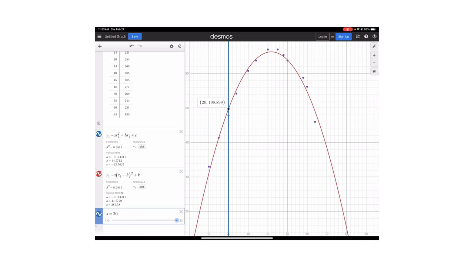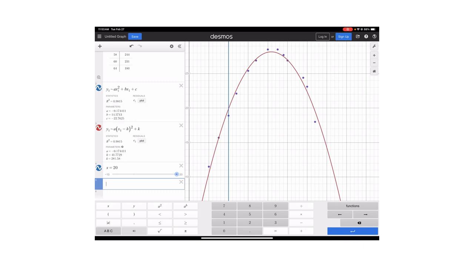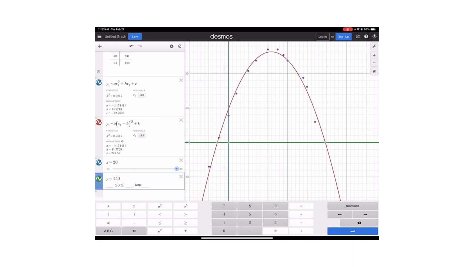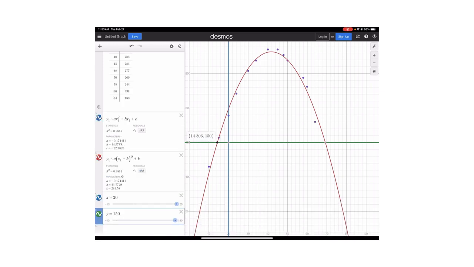Another question you could ask is, at what time would this rock be, say, 150 meters up? If you type y equals 150, it puts a line at 150, and again, I can just tap on those points.